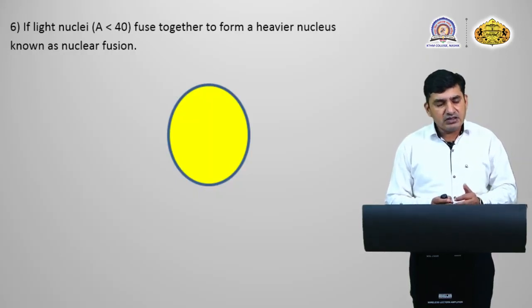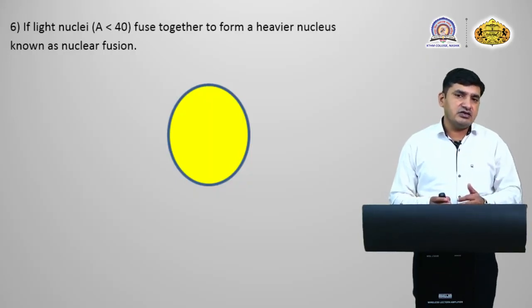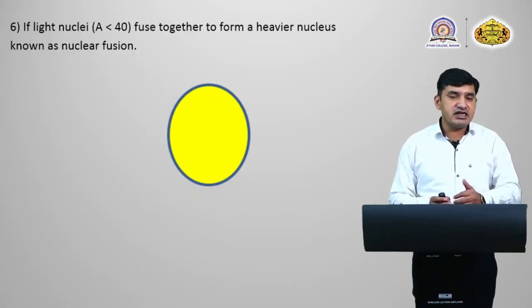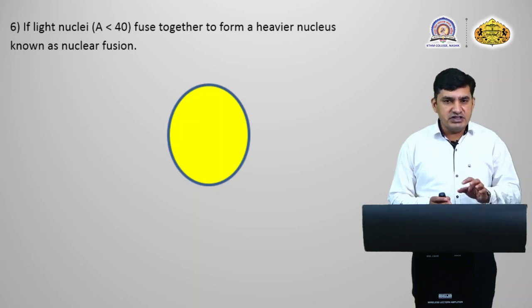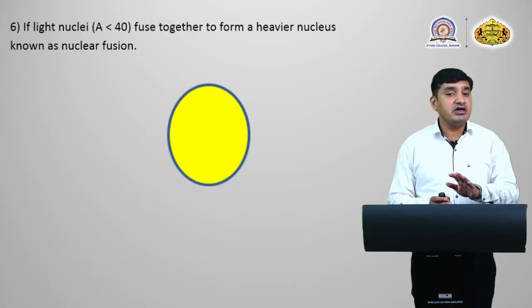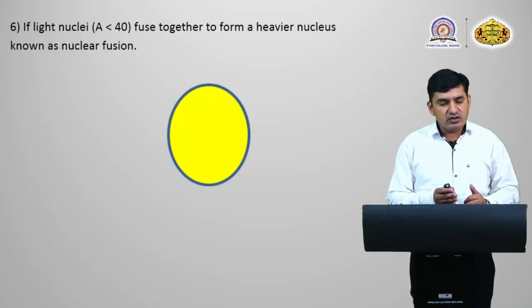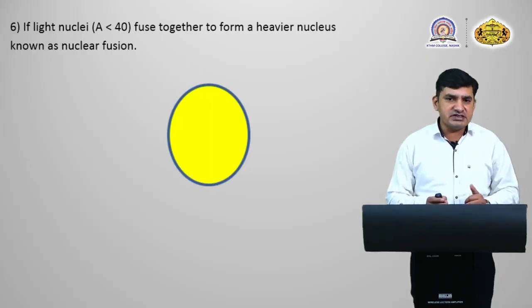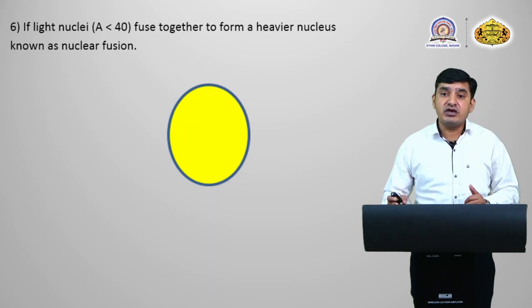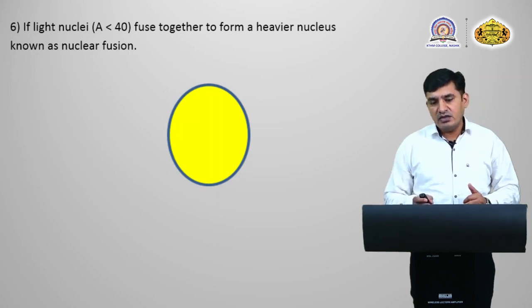But when we consider mass number less than 40, the element has unstable nuclei, or when mass number is greater than 100 or 120, the element has unstable nuclei.